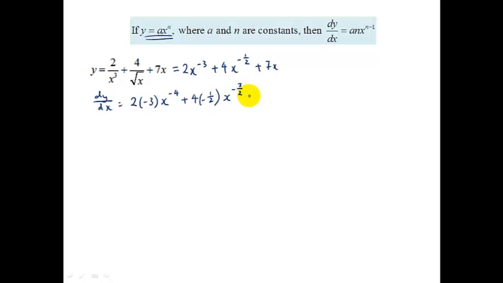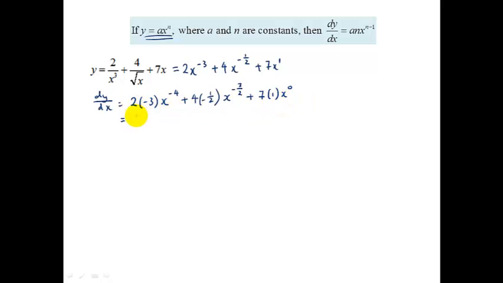Let's continue. Plus 7, let's keep the coefficient plus 7. Now there is a power here, and this is actually a power 1, which we do not need to write. So there is a power 1 here which is brought down, and x will now be power 1 minus 1, so power 0.